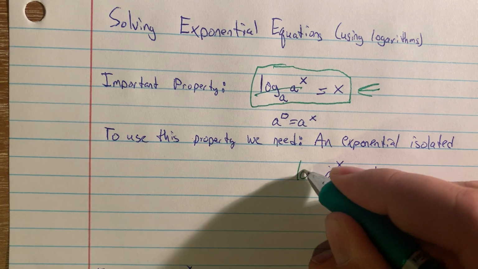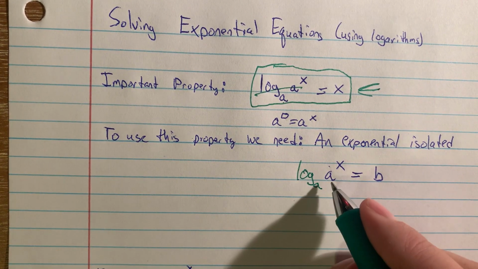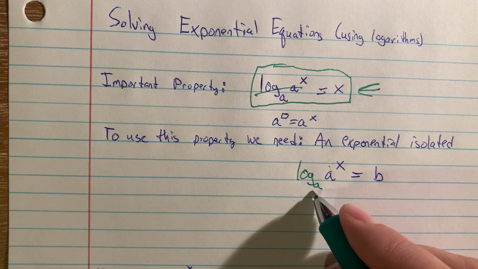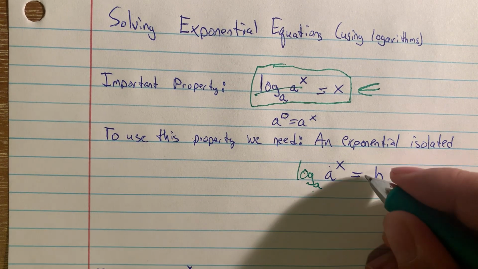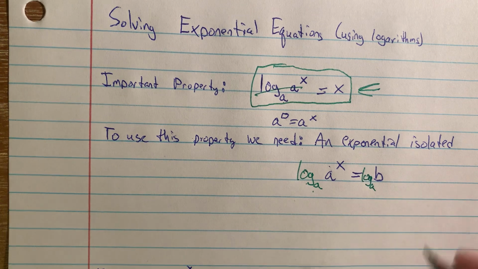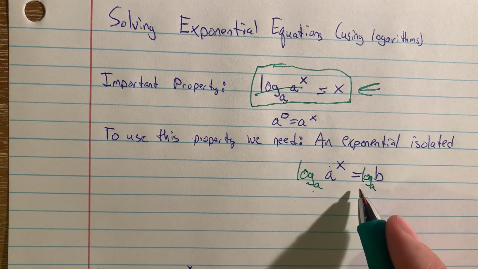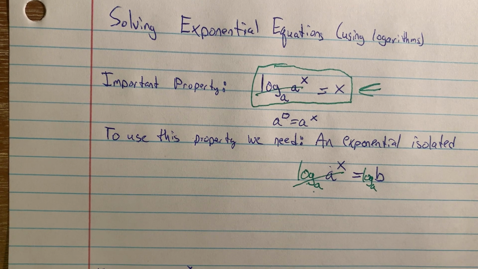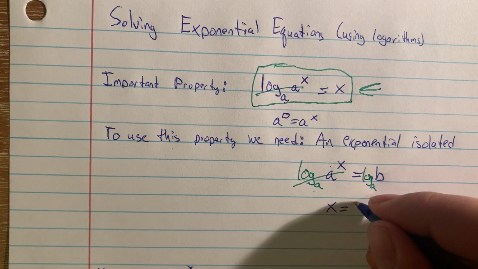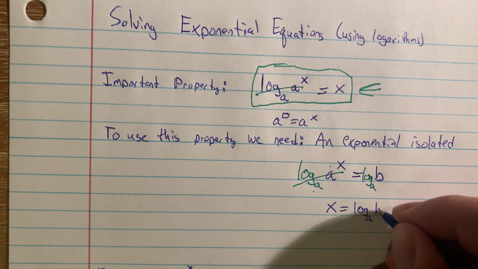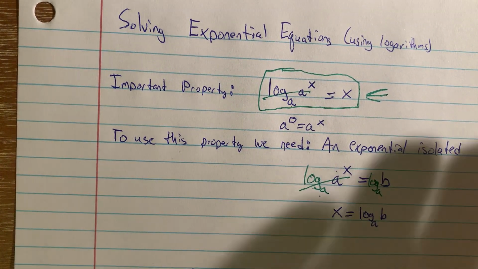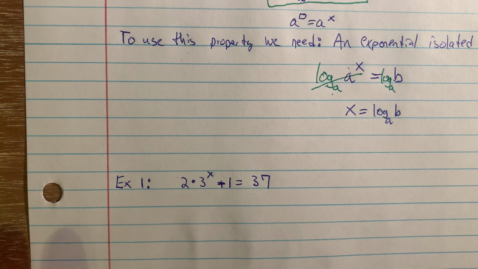We'll do log base a, whatever the base of the exponential is, on the left side. And if we do it to the left side, we will also do it to the right side. We'll do the log on both sides. And on this side, the log will cancel out, and we'll find out what x is. So this is how we'll be able to solve for a variable we want. Let's do an example, and then I'll let you do a lot of practice today.